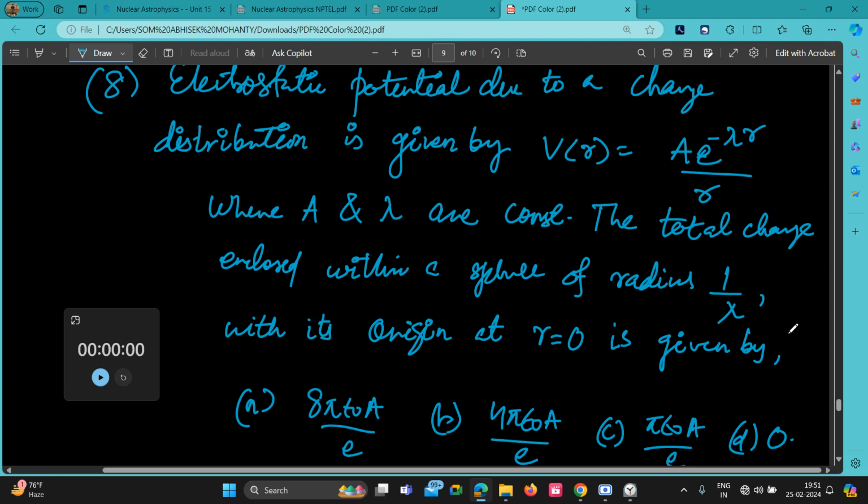The total charge enclosed within a sphere of radius 1 by lambda with its origin at r equal to 0 is given by this.